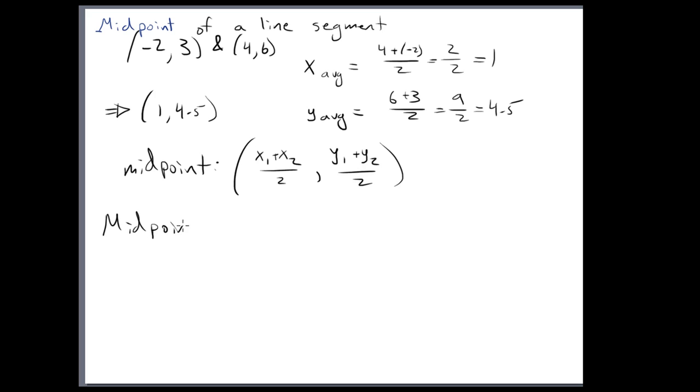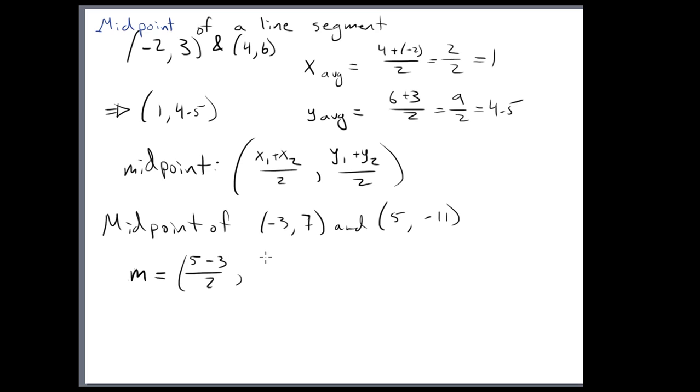So if I want to find the midpoint of -3, 7, and 5, -11, call it the point M, that would be (5 minus 3) over 2, comma, (-11 plus 7) over 2, which is 2 over 2, and -4 over 2, so that's 1, -2, and that's our midpoint.